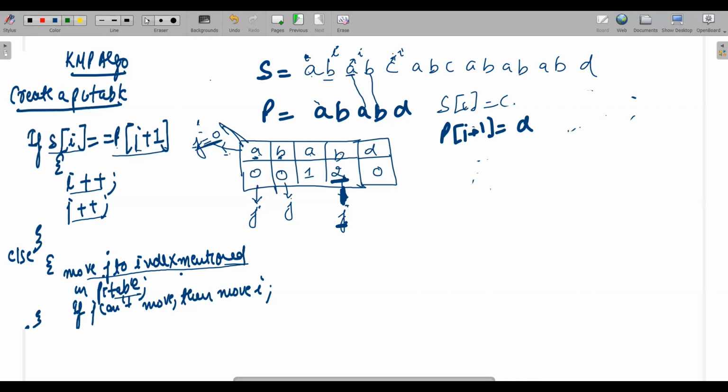Over here, I am removing these values. So since J was pointing at 2, you are asking J to move to the index mentioned in pi table. So if I have to see where the index is, let's say this is 1, this is 2, this is 3, this is 4, this is 5 index. So you are moving J to that index.